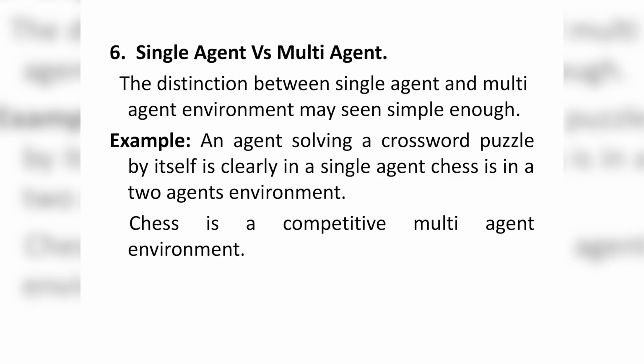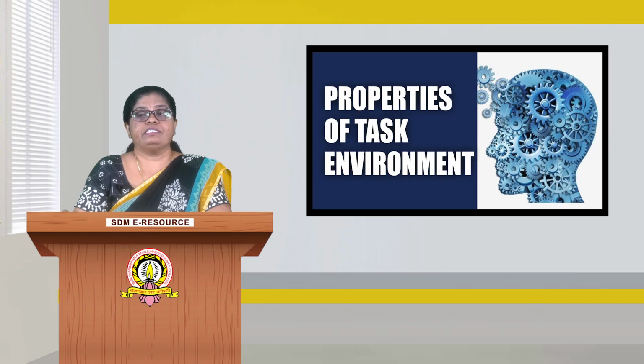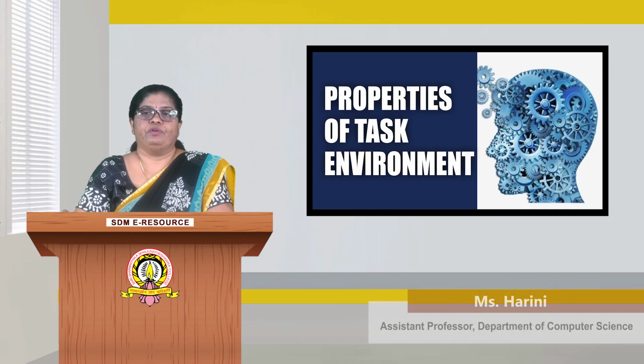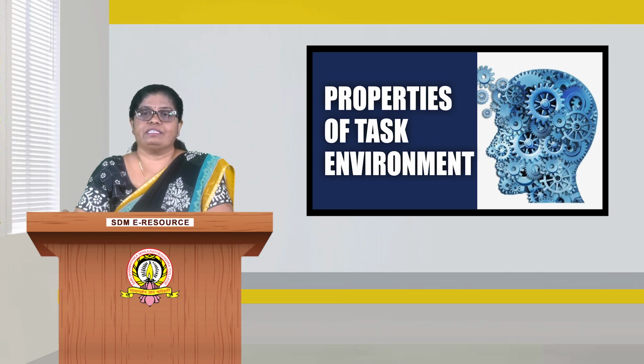An agent solving a crossword puzzle by itself is clearly a single agent, whereas chess is a two-agent environment. Chess is a competitive multi-agent environment. So we have learned different types of task environments, or we can sometimes call them properties of task environment.